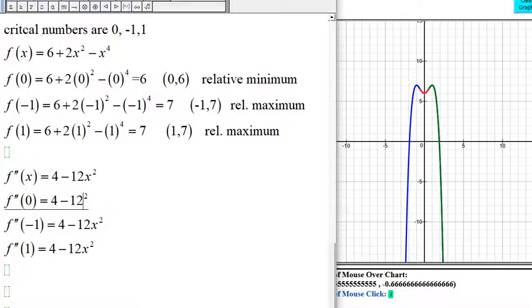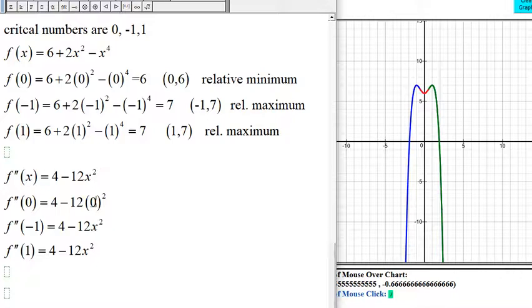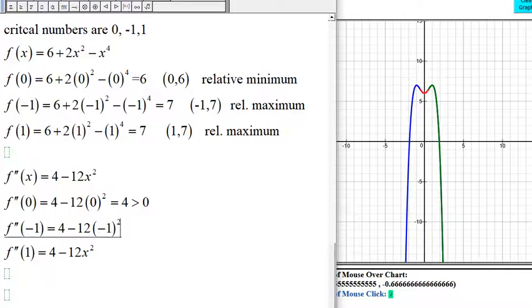So this will be 0, and this is 4, which is greater than 0. And this is -1. And this will give us -8, which is less than 0.